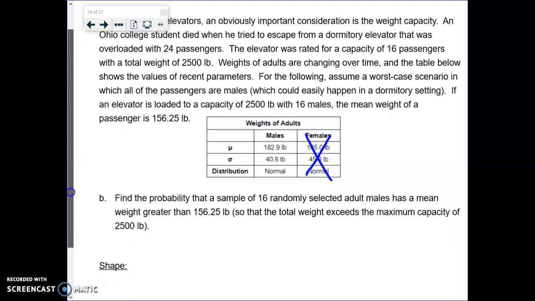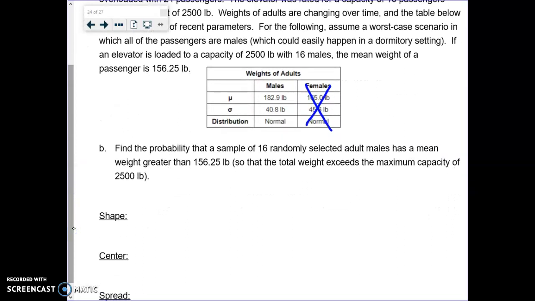So in essence, what we're saying here, ladies and gentlemen, is we're now looking at a sampling distribution where the sample size is 16. So how does this mean weight here of 156.25 pounds for a sample of 16 compare to other samples of 16 from the population, the sampling distribution of samples of size 16?